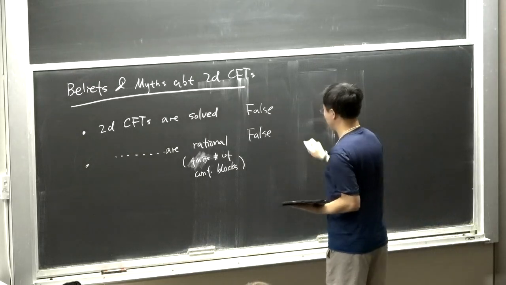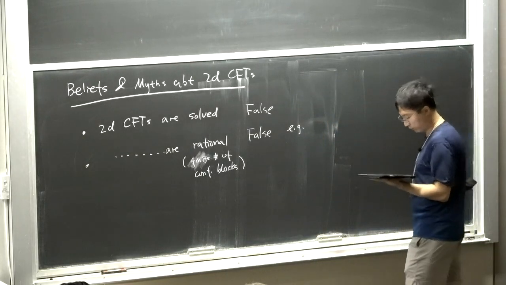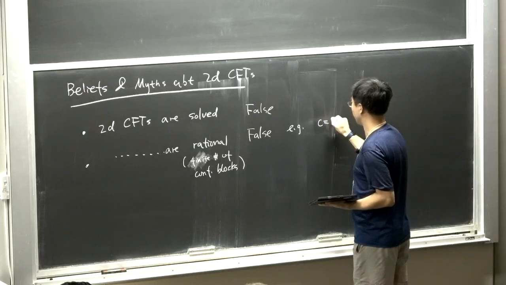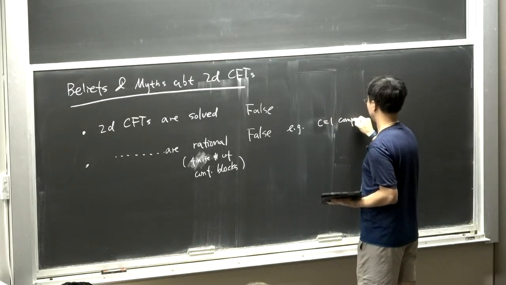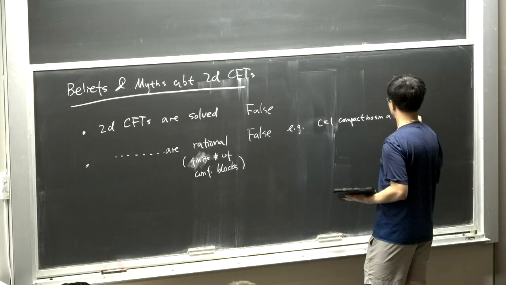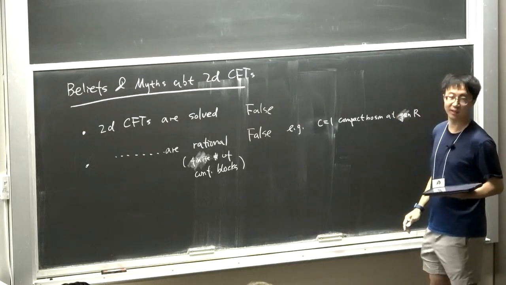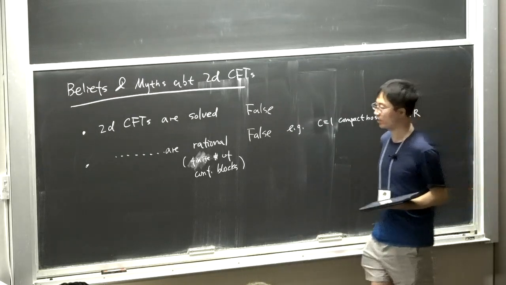Because there are counterexamples, and to look for those counterexamples, you don't have to try very hard. Already the c equal to 1 compact boson at general R is irrational. It does not have a finite number of operators.